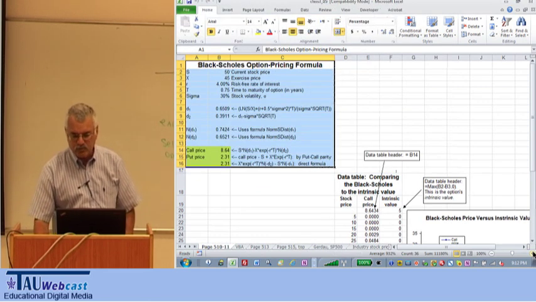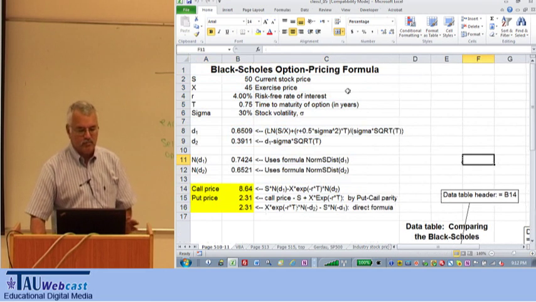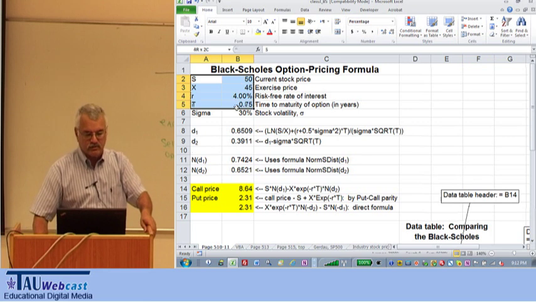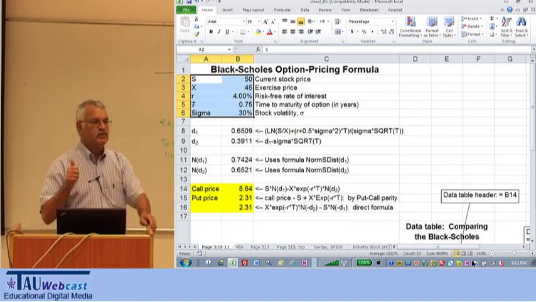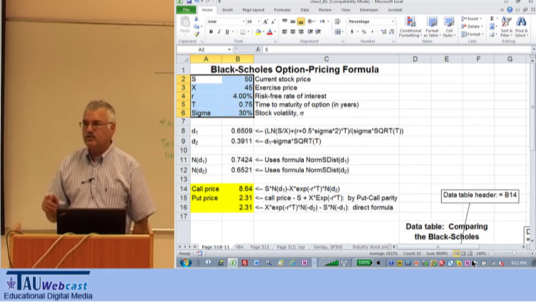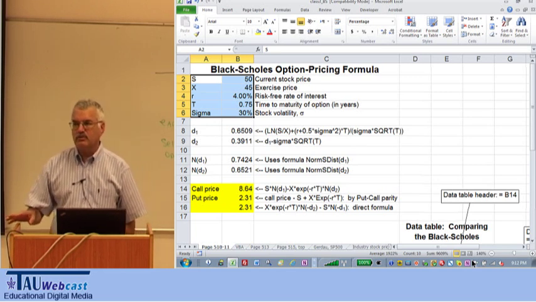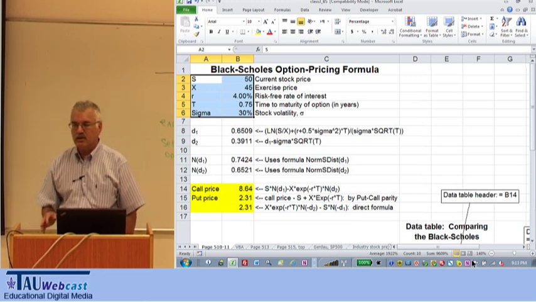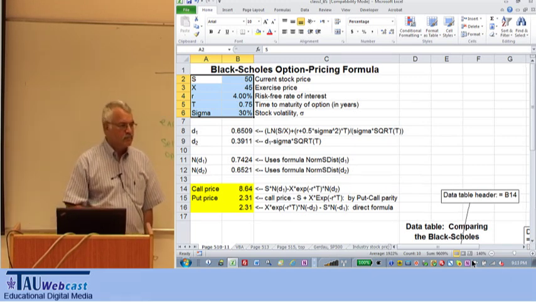Okay, so here's one way to explain Black-Scholes. Black-Scholes depends on 5 factors. It depends on the stock price, the exercise price, the interest rate, the time to maturity, and the standard deviation of the stock price returns, which is sigma.